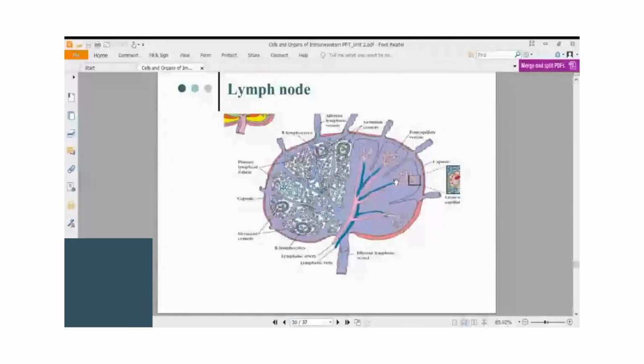Remember that. When this proliferative activity on encountering the antigen takes place in a particular lymph node, that lymph node will swell, similar to swelling of the spleen.